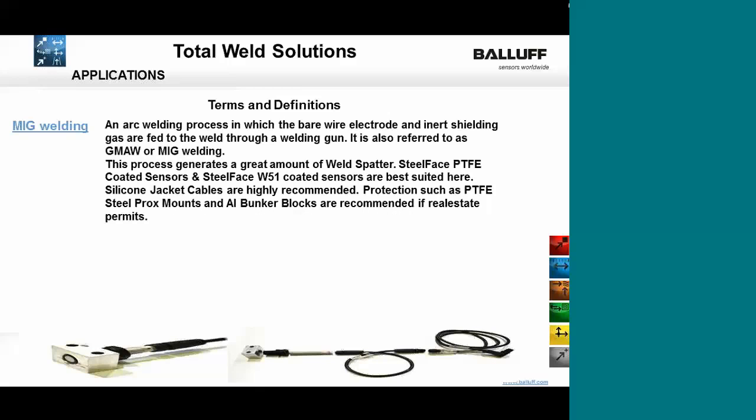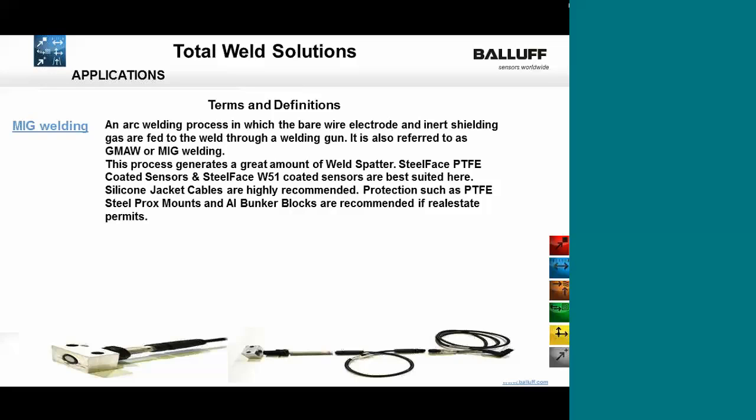MIG welding is an arc weld process in which a bare wire electrode is fed through the weld gun. Inert gas is also fed through that weld gun. They refer to that process as GMAW or MIG welding, and this process generates the greatest amount of weld spatter.